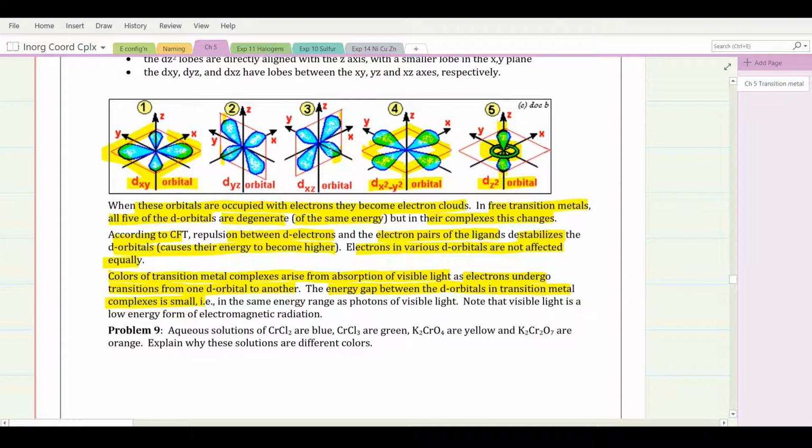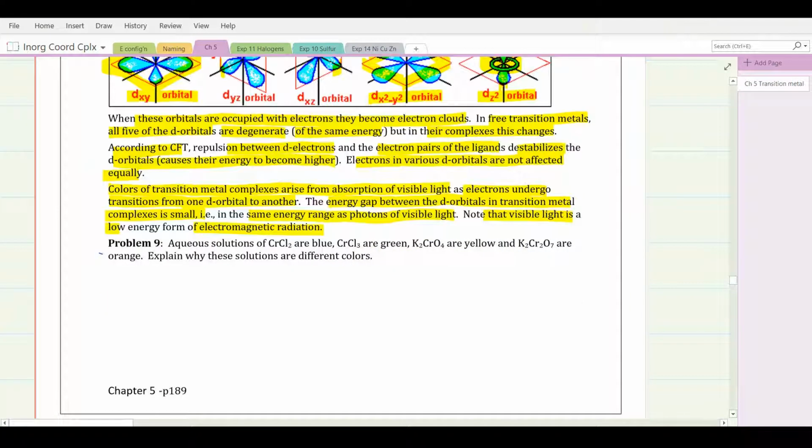It's in the same energy range as the photons of visible light, and you probably know that visible light is a low energy form of electromagnetic radiation. Hopefully it is, because we're exposed to it 24/7. So in fact it's a low energy light, and the energy gap between these d orbitals, although they're somewhat different, they are close enough together that their energy gap is of the same magnitude as visible light.